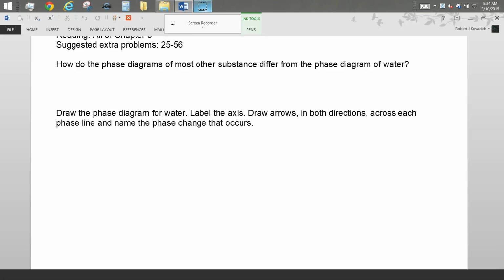Alrighty, this first one up here, how does water's phase diagram differ? It has a negative slope.